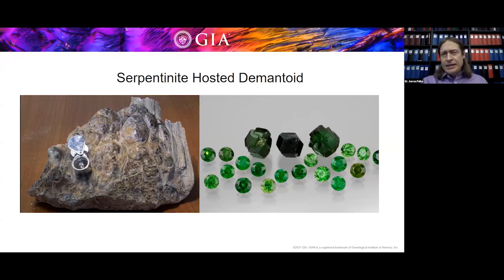So a serpentinite is a rock that originally started out as what we call a mafic rock, or an ultramafic rock, which is basically just a fancy way of saying a magnesium iron rich igneous rock, like a peridotite or something like that. And these rocks are formed of a lot of magnesium and iron silicates like olivine and pyroxenes.